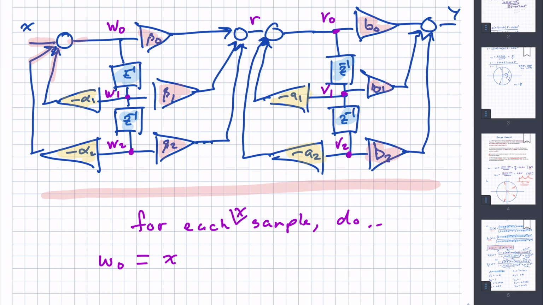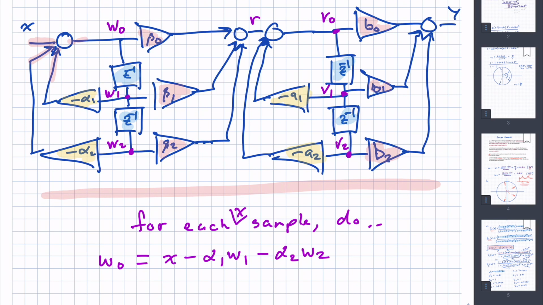So for each X, we do this, so W0 is equal to X, and then it's minus alpha 1 W1 minus alpha 2 W2. And that's the only thing that you need for W0.